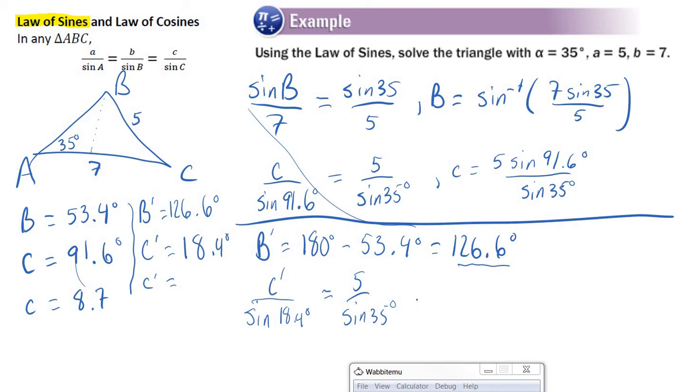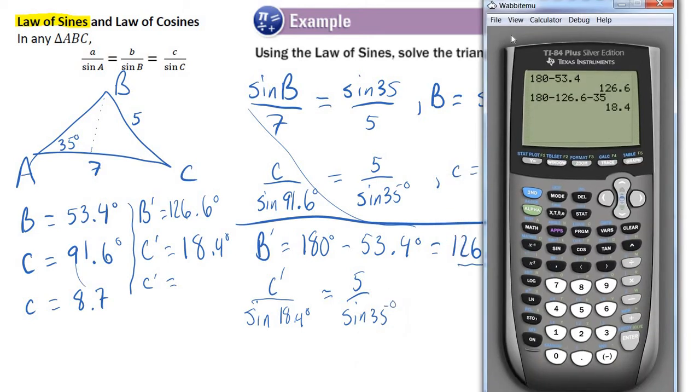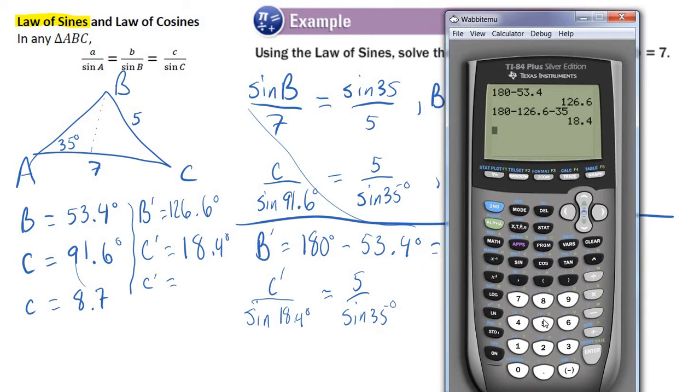Okay, so let's go plug that in our calculator. So I'm going to do 5 times sine of 18.4 divided by sine of 35. And that's about 2.8. So that gives me my other side there.